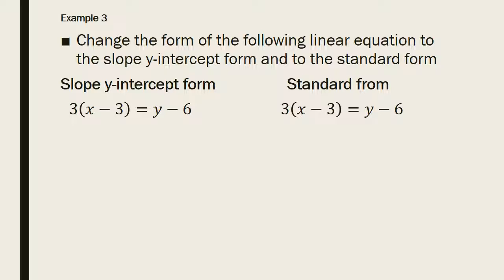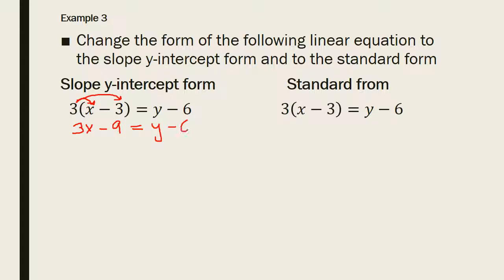So I'm going to start with the slope-intercept form, where I'm going to have to isolate the y. So I'm going to start by using the distributive property. 3 times x is 3x. 3 times negative 3 is negative 9, equals y minus 6.